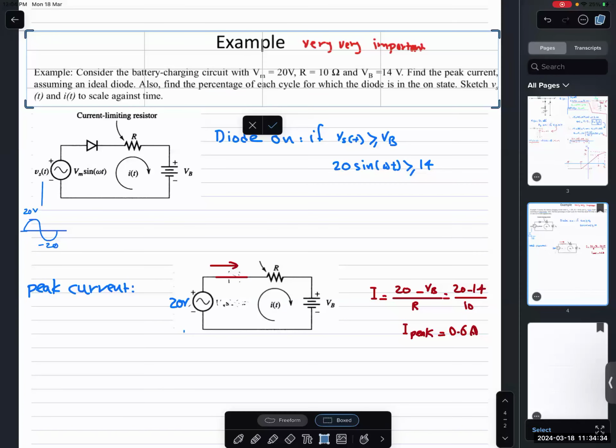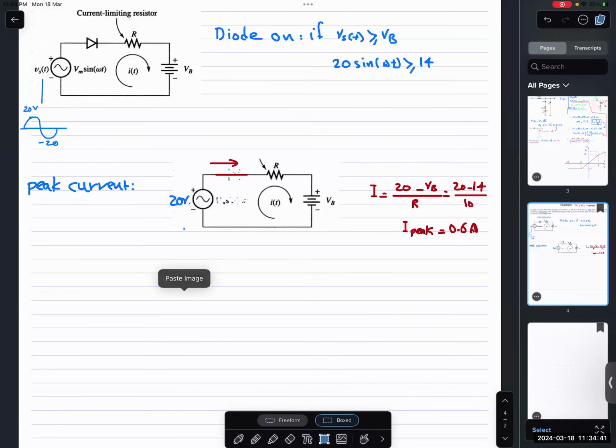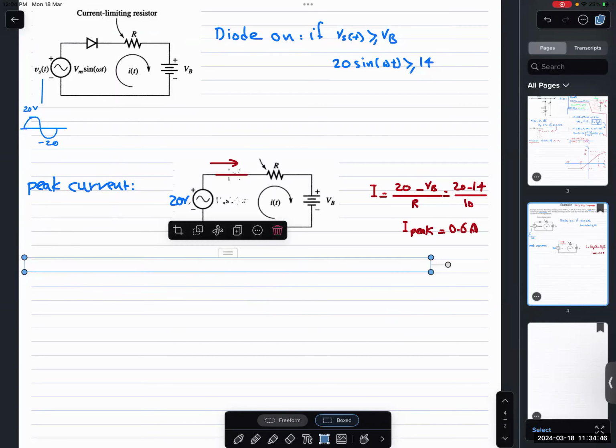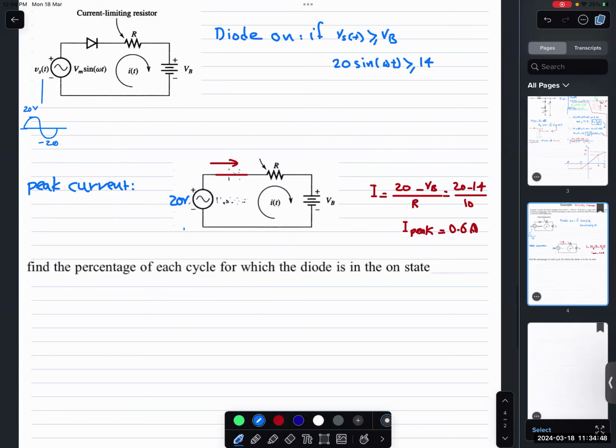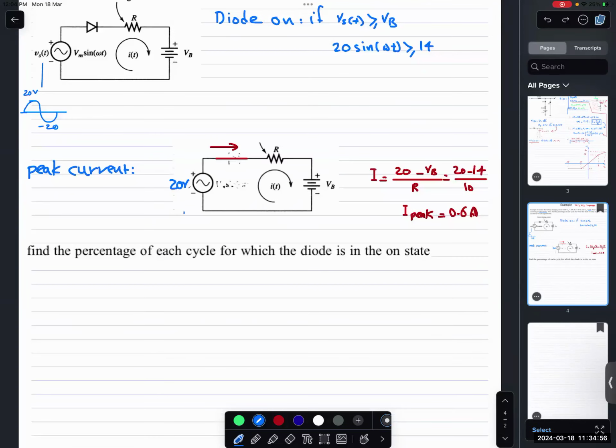Then it says find the percentage, something new maybe. To answer this, first you should know when the diode will turn on: the diode will turn on if these two are equal. I want to find the diode conduction angle, the starting angle.